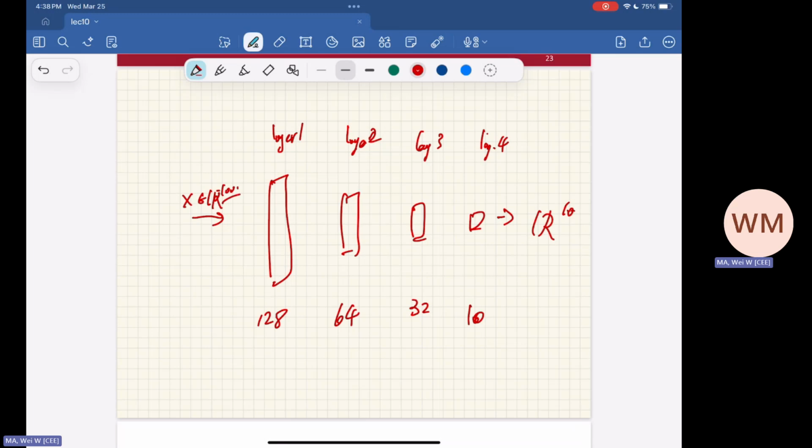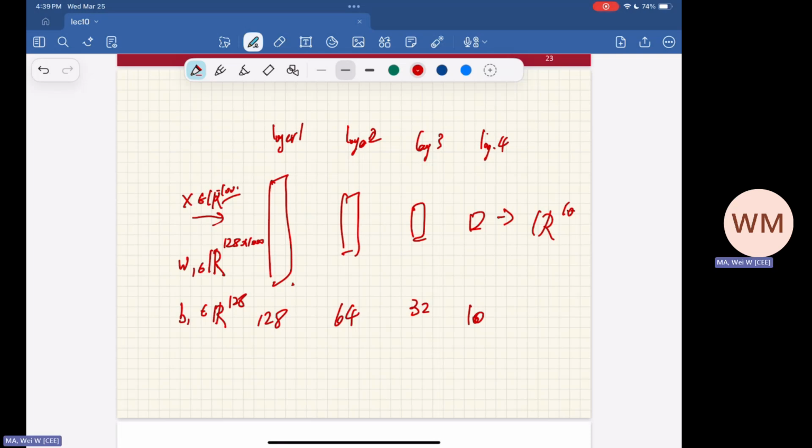So the input is 1000, and you change it to 128. Here you have W1, which is basically 128 times 1000. Also you have a B1 here, which is 128.